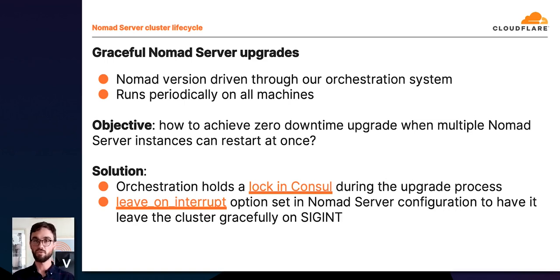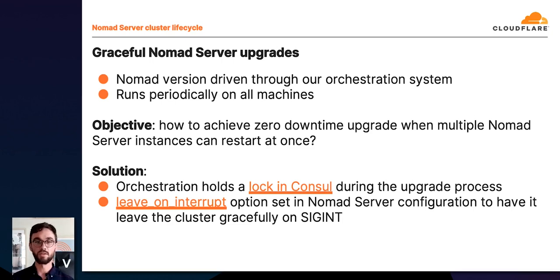We have to update and upgrade Nomad server in place. And an additional requirement is that we want to do all of this with zero downtime, because we don't want to have to disable a location to upgrade a version of the software, so everything has to happen live.